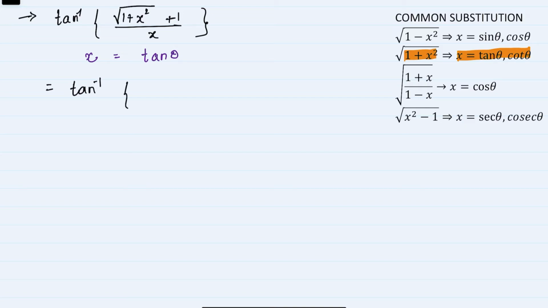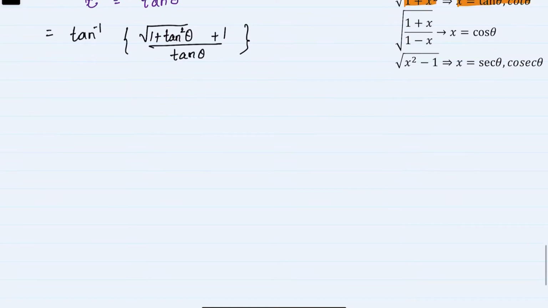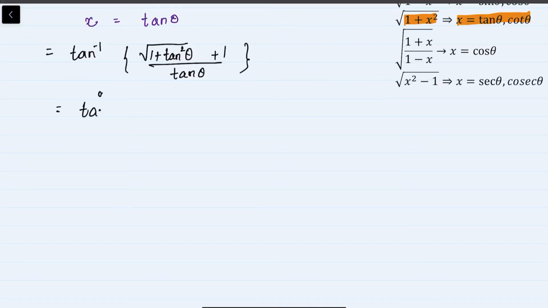So tan inverse here would be under root 1 plus tan square, plus 1 upon tan. 1 plus tan square becomes sec square, and root of sec square becomes sec theta. So this becomes tan inverse of sec theta plus 1 upon tan theta.